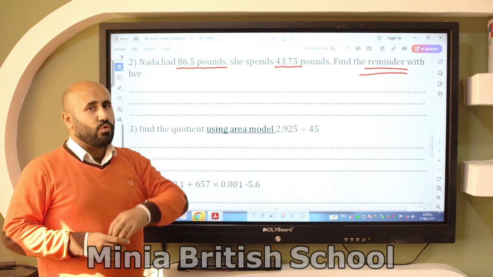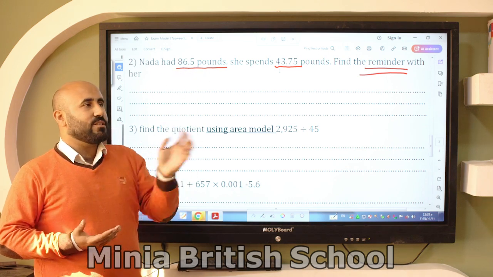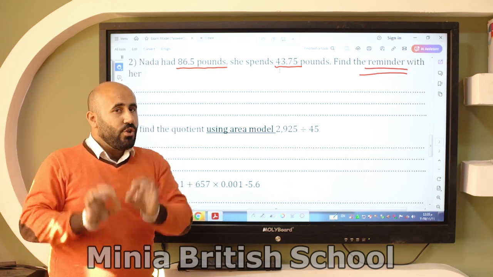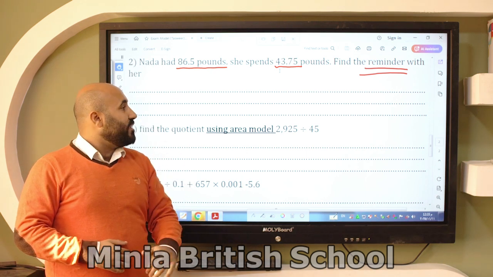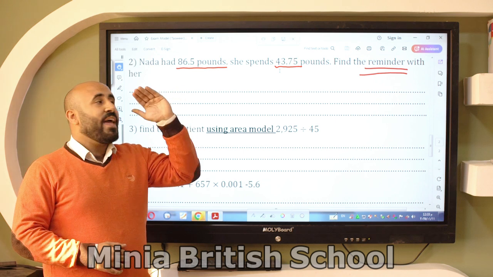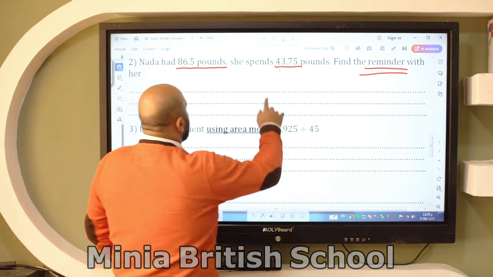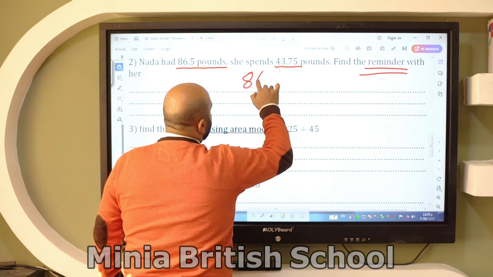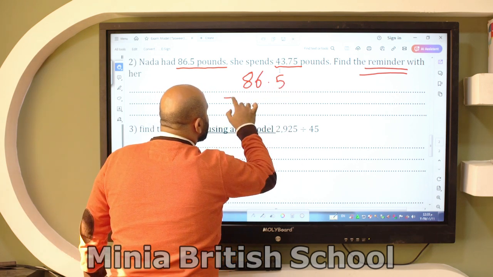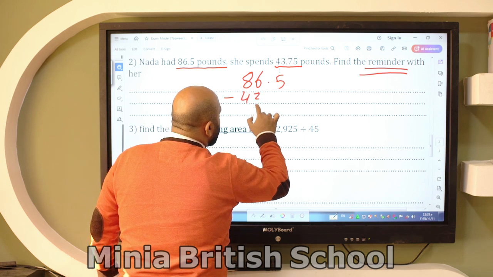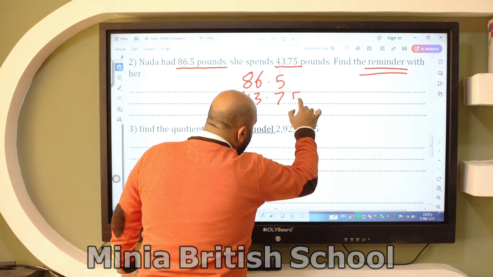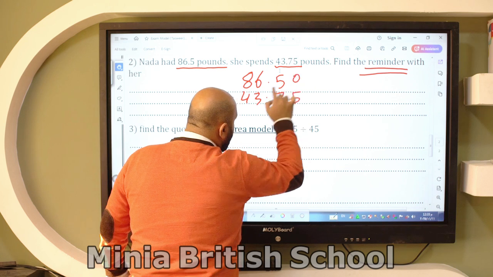So the operation I will perform is the subtraction. As you all know, I will put the greater number at the top and the smallest number at the bottom. So it will be 86.5 minus 43.75. And I have an empty place to put 0.